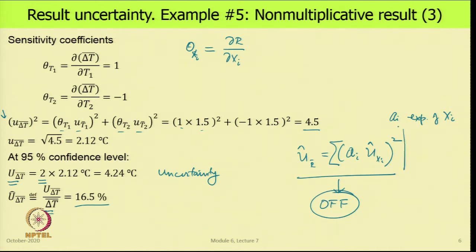This cannot be used for additive relations.